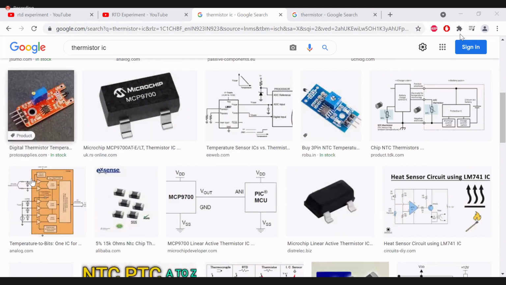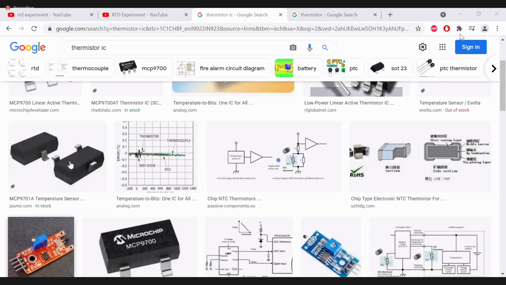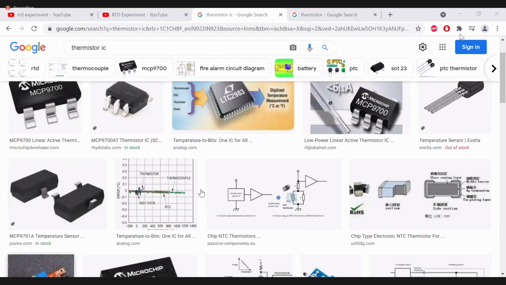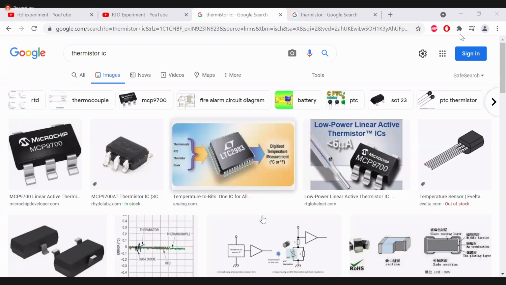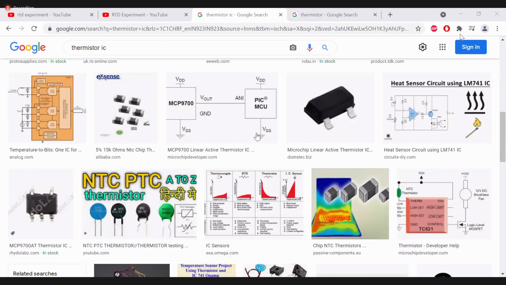With these leads, we can connect this IC to a PCB, a printed circuit board. So this is called a PCB. By using these leads, we can make connections with the circuits.